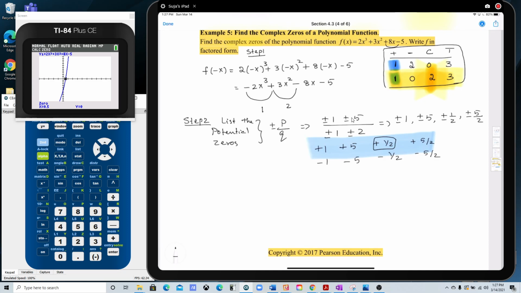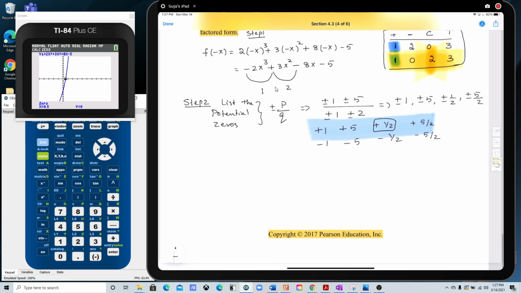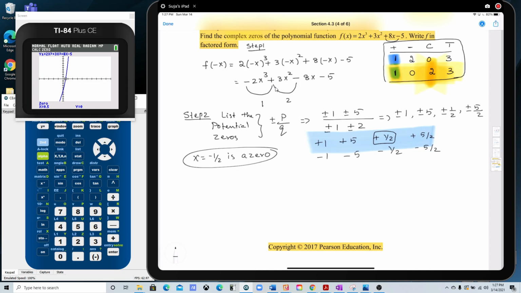Okay. Now to cross verify, or to break it into a next degree polynomial, I can do a synthetic division. So x equals -1/2 is a zero. Okay, so I would go into the polynomial and do synthetic division.